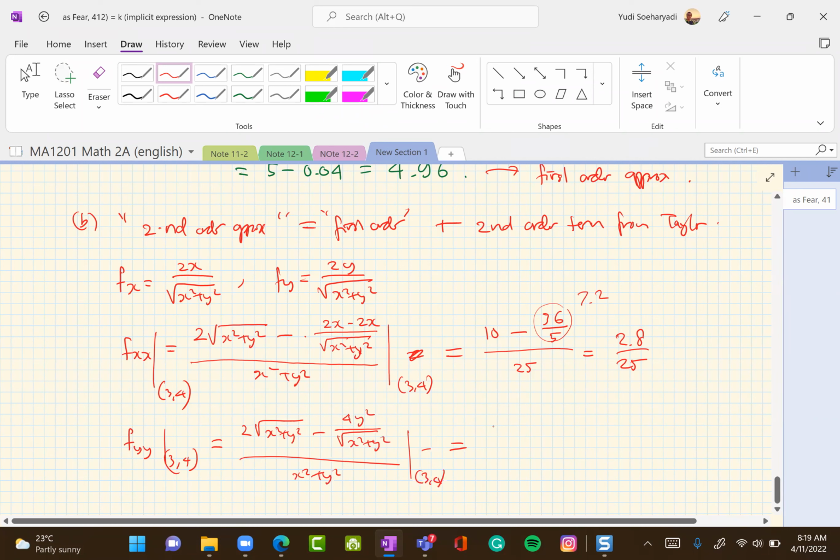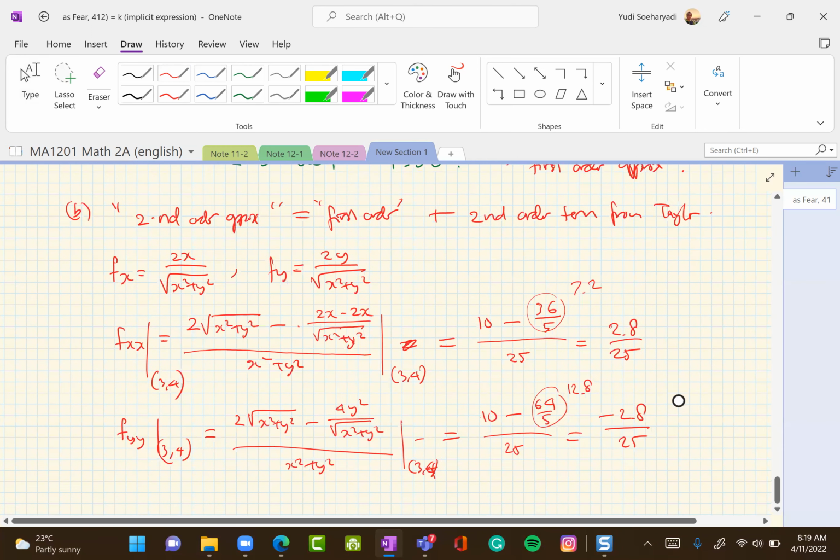All right. So that's 10 minus, this is 4y squared instead. 4y squared. This is 4, 16, 64. Okay. So that means 10 minus that is, okay, so negative 2.8.